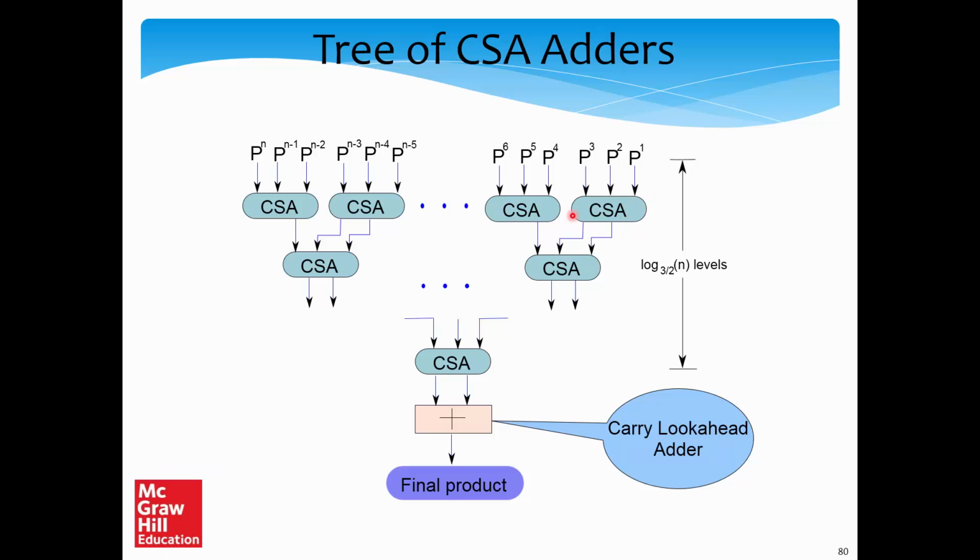But because we have this carry save adder, which is a very fast unit, which can take in three inputs and produce two outputs, where the sum of the two outputs is the same as the sum of three inputs, we can quickly reduce a sum of n numbers to a sum of only two numbers within log n time. And then we add the two numbers, we get the final product, which is the result of the multiplication. So we have achieved our goal of having a log n time multiplier.